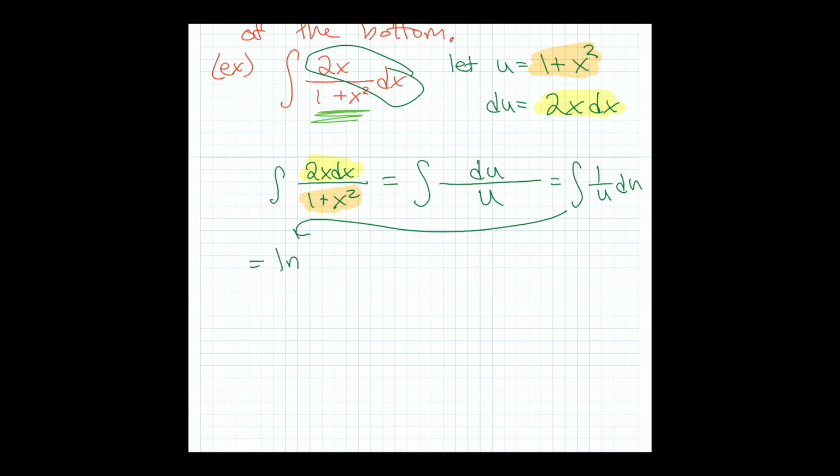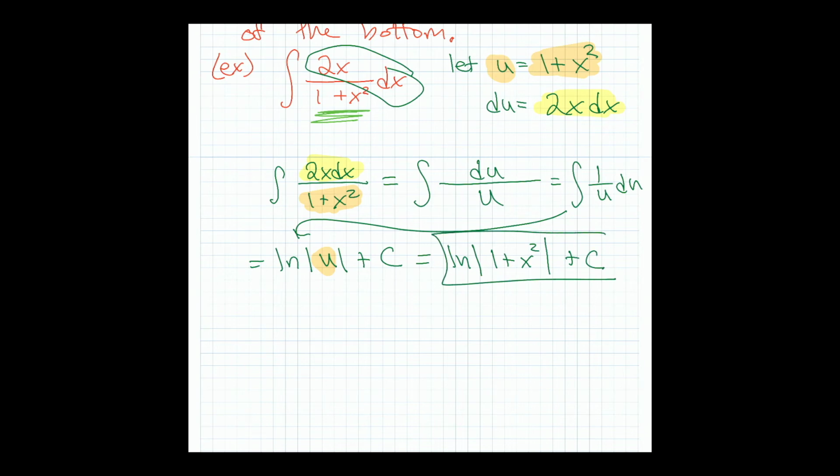It is natural log absolute value of u plus c, right? That's what we just learned. And then all you have left to do is replace the u with what it actually is in terms of x, and so you get natural log absolute value of 1 plus x squared plus c.